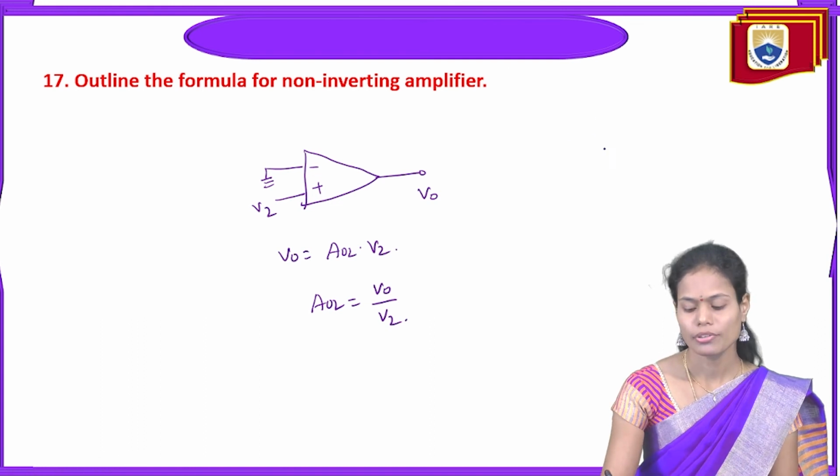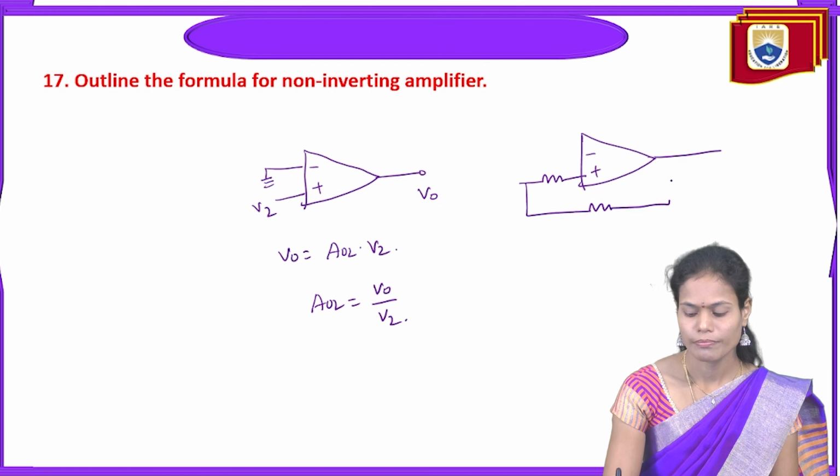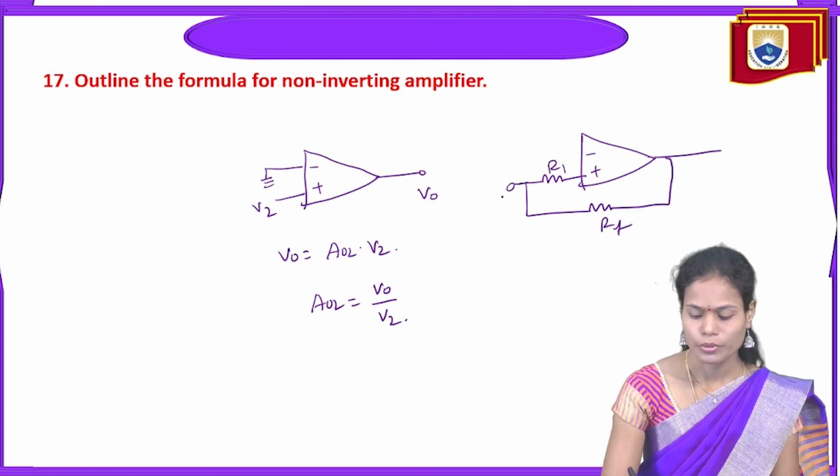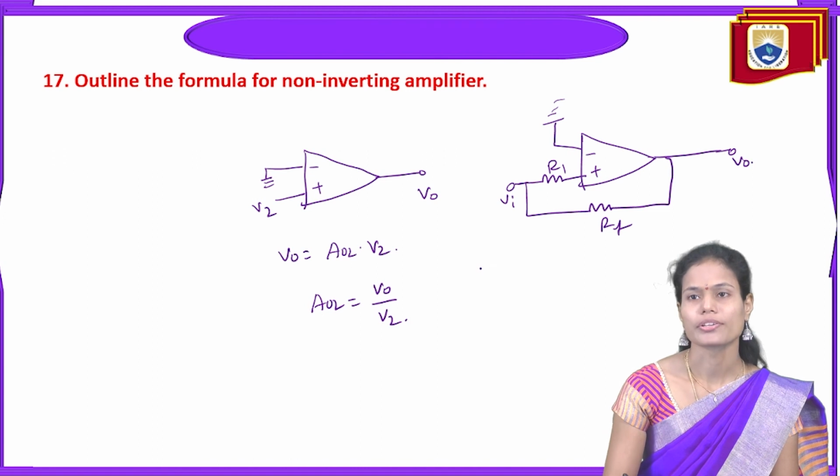Okay. Similarly, if you take the closed loop form, we have resistances R1 and RF, the input voltage, this one is grounded, and this is the output voltage.